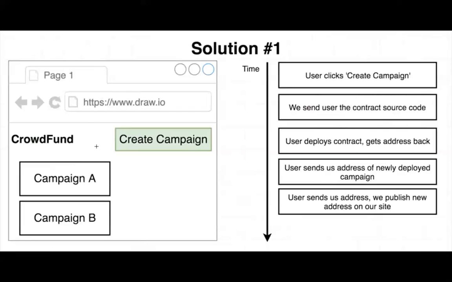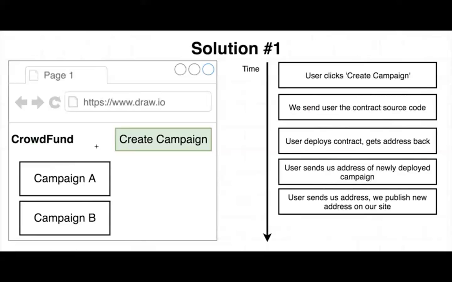When we deploy a contract with the source code, they could make changes to the contract and deploy it and send me the resulting address, and it would be hard for me to figure out if the user did something malicious to the contract. If half of our campaigns get compromised like that, no one's going to use it. So we don't want to allow our users to get a hold of our contract source code.